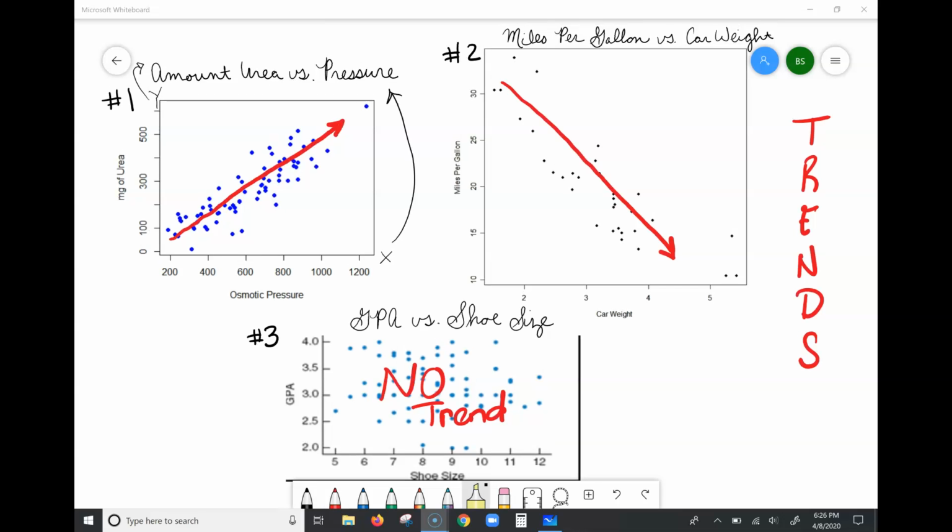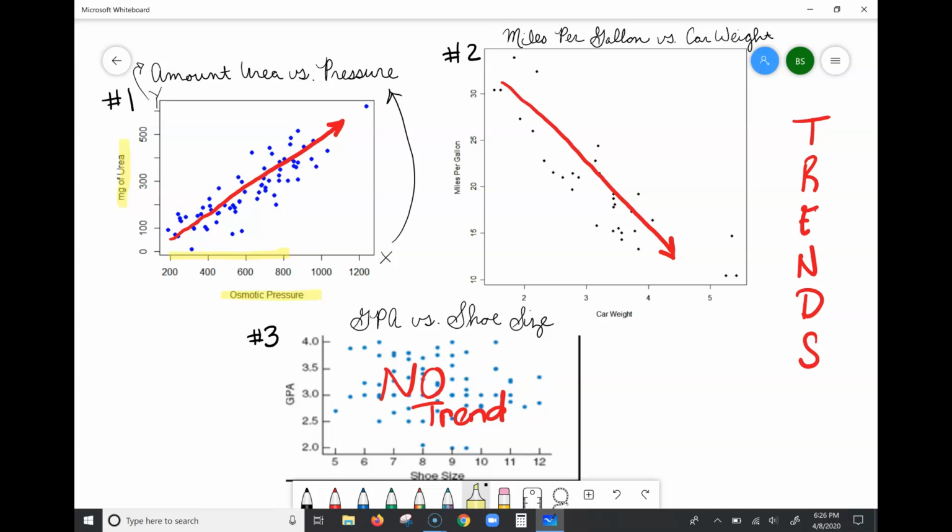In graph number 1, as the osmotic pressure increases as we move from left to right, notice that the amount of urea increases. So it's a positive trend. As osmotic pressure increases, the amount of urea increases.